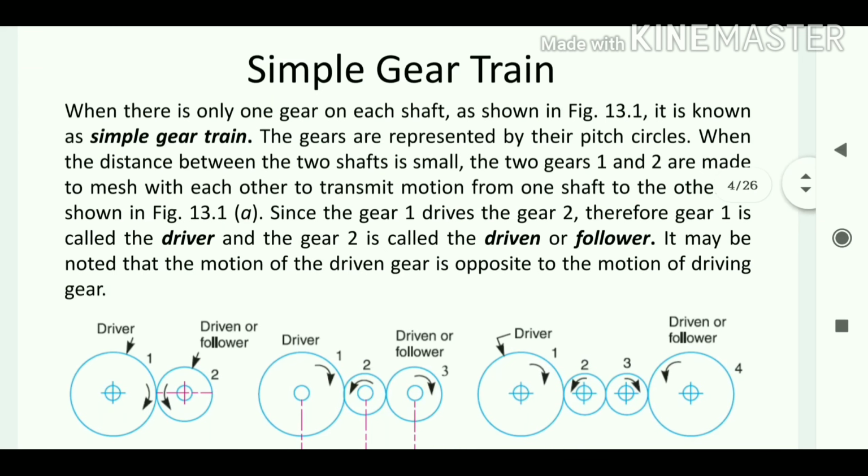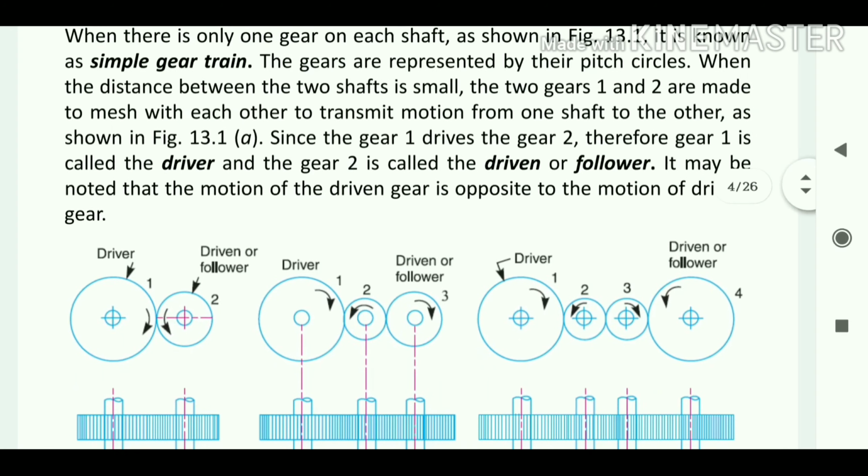In simple gear train, only one gear is mounted on each shaft, and sometimes an idler gear is also used in between the two gears. The first gear, number 1 in the diagram, is called the driver, and the gear to which the power is transmitted, gear number 2, is called the driven or follower gear.